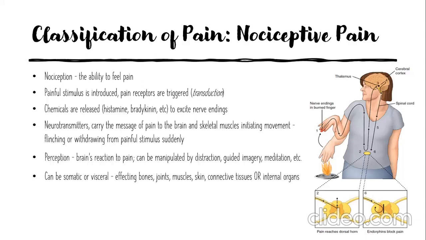When those chemicals are released and those neurotransmitters bring that message to the brain, it tells the skeletal muscle, hurry up, get your hand out of that fire. As soon as you feel the painful stimulus, you jerk back. That wasn't a voluntary movement. It was involuntary, from this transmission or carrying of the message to the brain and to the muscle cells.